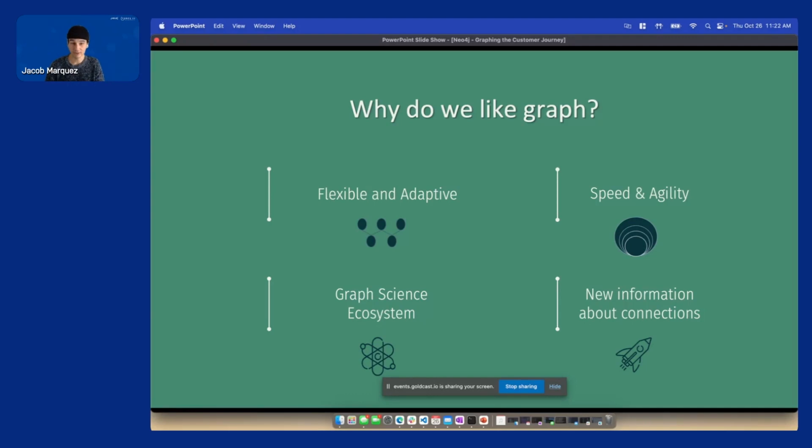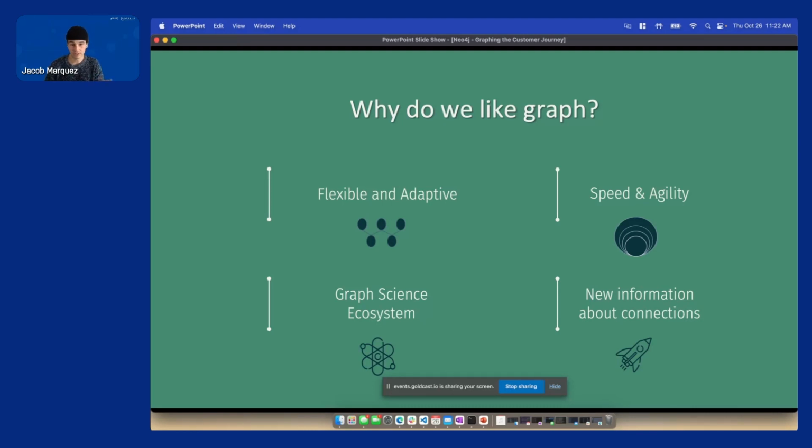So graph is very flexible and adaptive. It's very fast. It's very agile, especially as we start talking about multi-step journeys. That's multi-hops within the graph, and a graph is known to be very efficient in terms of multi-hop queries, right? Compared to a relational database where you'll need a ton of joins to achieve the same thing.